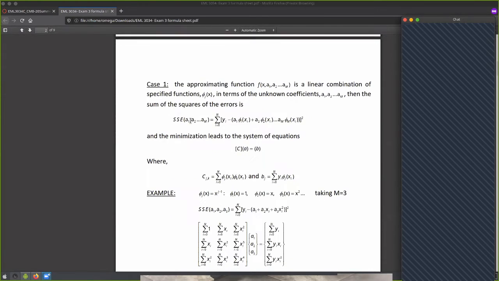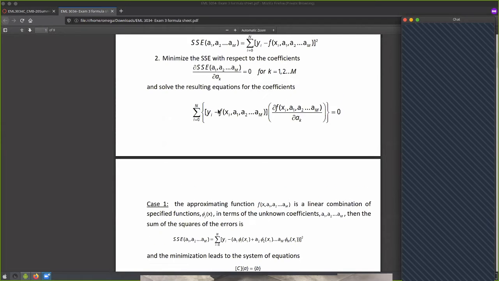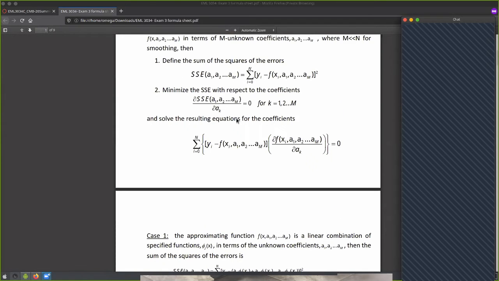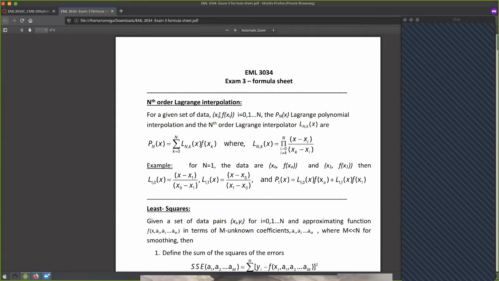For a given set of data points x and f, this is what they're going to give you on the exam: your data, your x, and your evaluation. The Pn is the Lagrange polynomial interpolation, and the L is the Lagrange interpolator. This is what they ask you for.